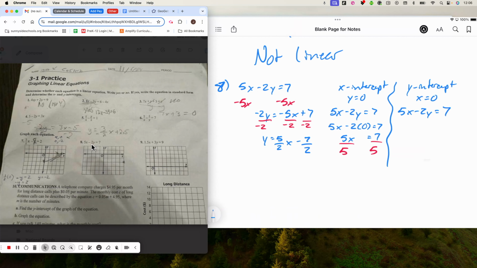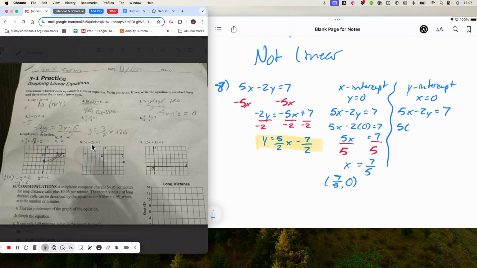So we would have x is equal to 7 over 5, which would mean that our x-intercept would be 7 over 5, 0, which comes out to be a fraction anyway, so we might as well have used the slope-intercept form in the first place. We could use that, or we could use these two intercepts to figure it out, which I'll also demonstrate in a moment.